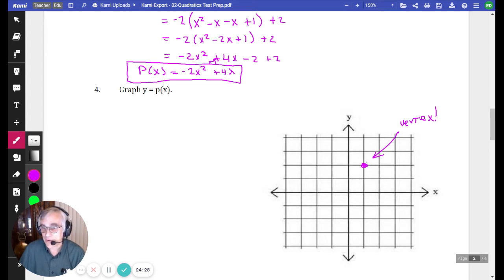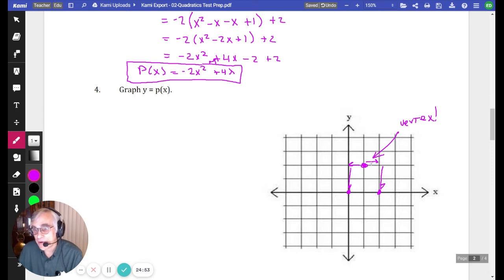So if we go over 1 to the right, because it's negative, we're going to go down not 1, which would be 1 squared, but we're going to go twice as far because the vertical stretch is -2. So we're going to go down 2 units. If we go 1 unit to the left, we're going to go down the same amount that we did on the right, 2 units.